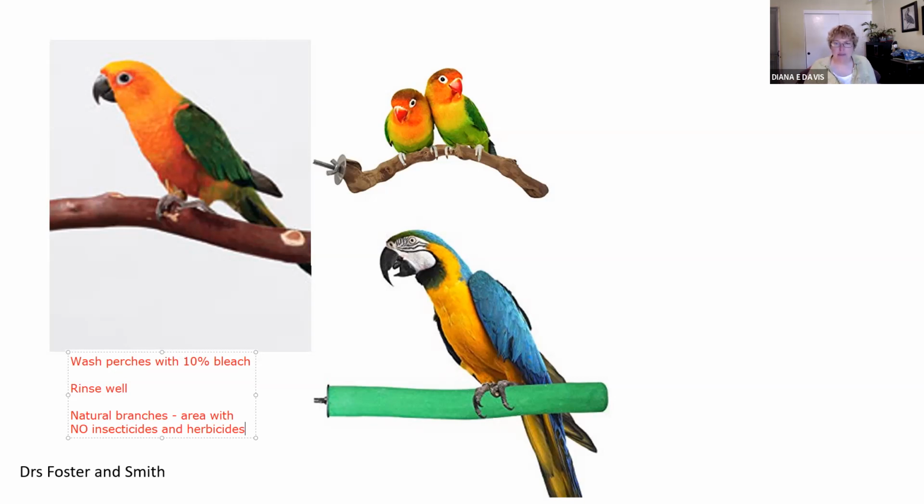But if you live and you back up to a wilderness area, you can take branches from the wilderness area. And as I mentioned before, wider around is better, and diversity is better.